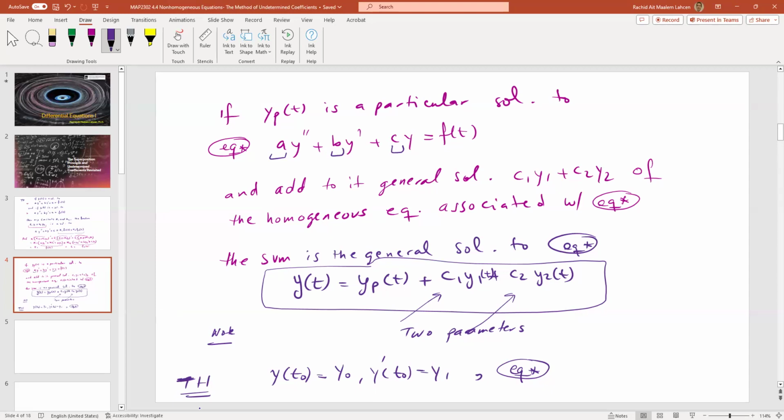You want the interval to contain t naught like we did in the past, of the initial condition. And of course, y1 and y2, we talked about that they need to be linearly independent solutions to the associated homogeneous equation, right? We know what that means. Then there exists a unique solution in I, in that interval, to the initial value problem.